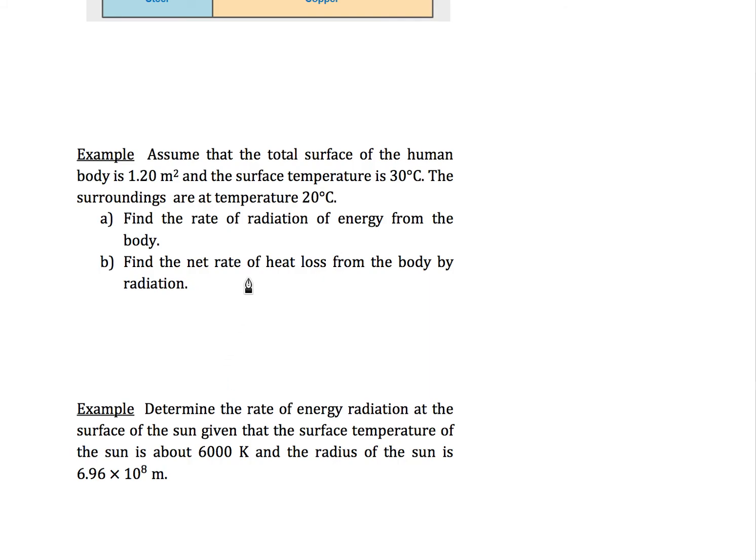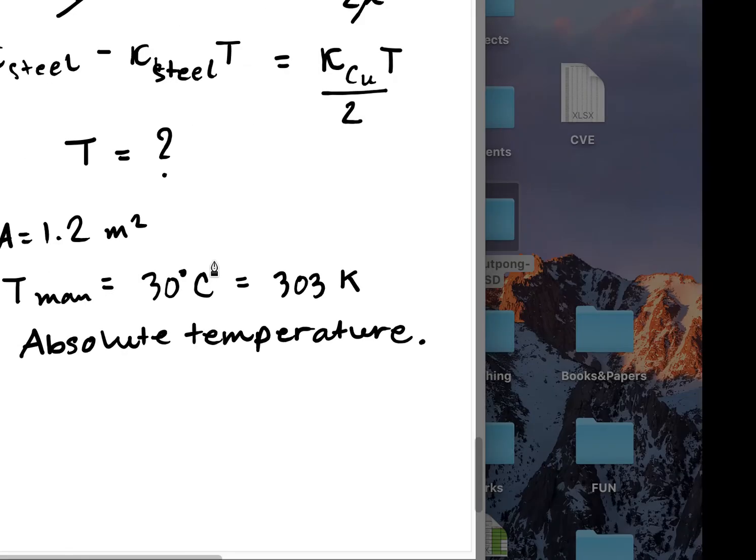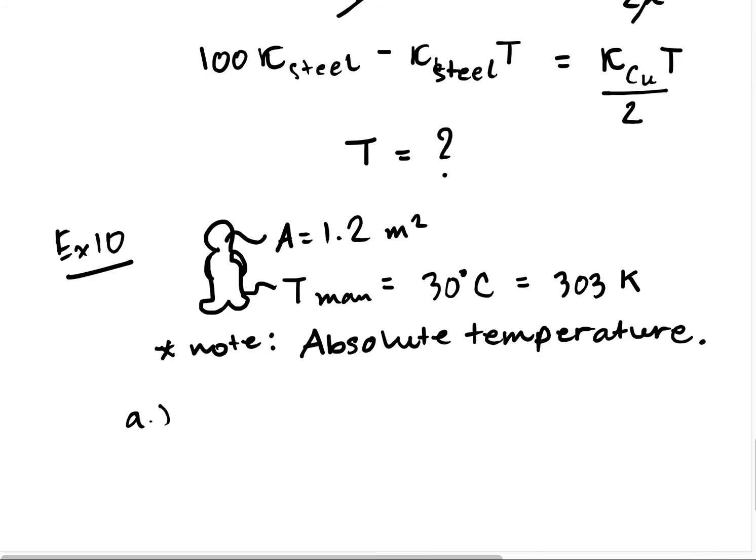Okay, so they asked about the radiation energy from the body. Now we know the surface area. We know the temperature. So now the dQ/dt is epsilon sigma A T to the 4.